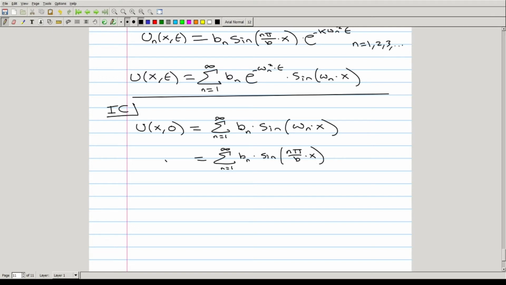And the initial condition has to be the function f of x, whatever this is.